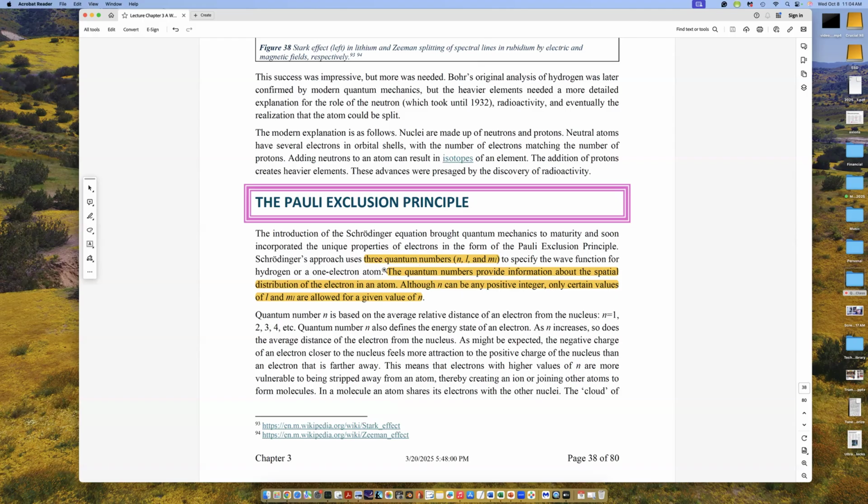Schrodinger's equation, if you look at things like the energy level, is quantized with the letter N, and the spin angular momentum is quantized with this letter L, and M sub L quantizes the orbital angular momentum. These are the properties of atoms. The electrons in atoms have these quantum numbers.